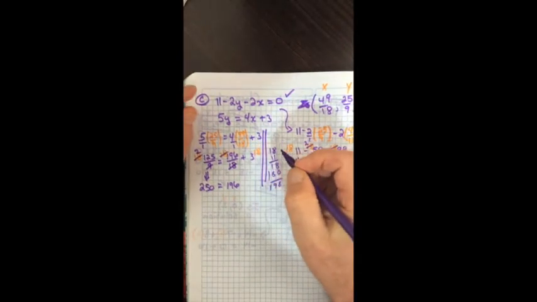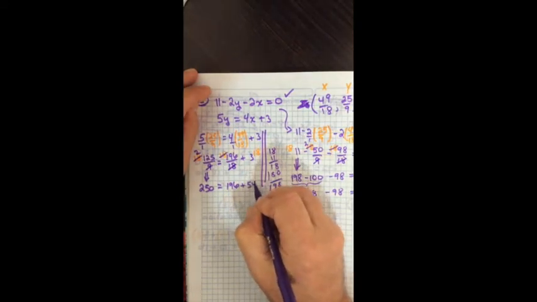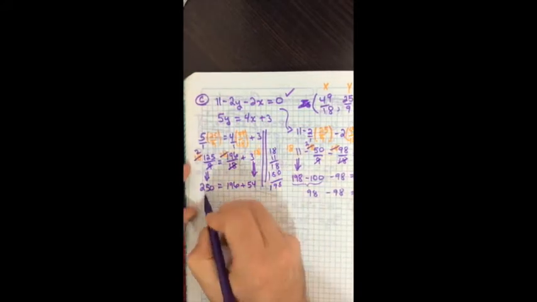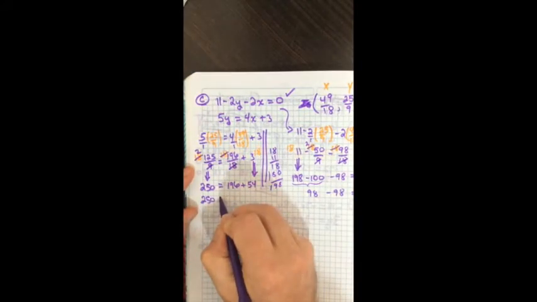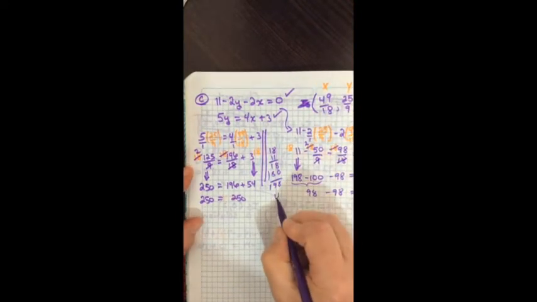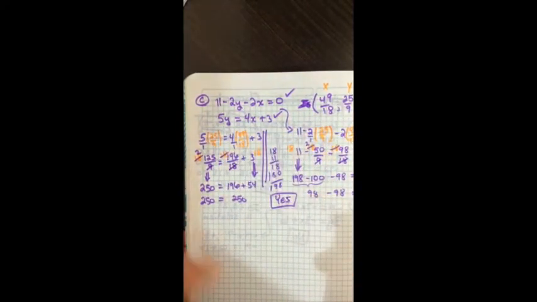And 18 times 3 is how many? 54. So that piece became 54. Well, sure enough, 250 does equal 250. Check. The answer to this one is yes. That fraction set was the answer to those equations.